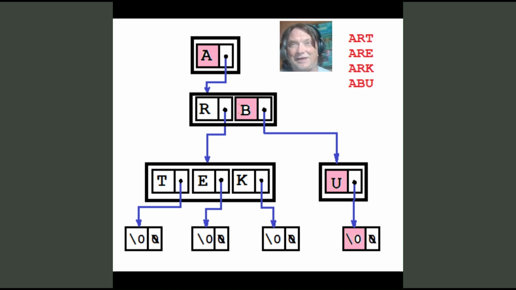Now that's how we've stored it. That's what it looks like. This is just an illustration. The C code would be a vector or an array. If you want to get lazy, I guess you could use a map.